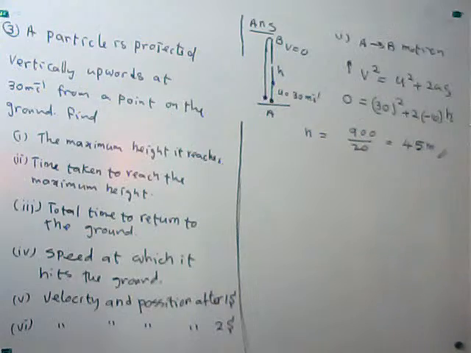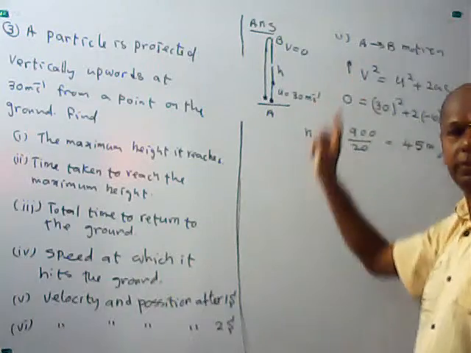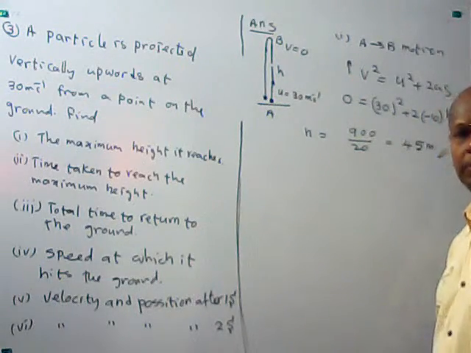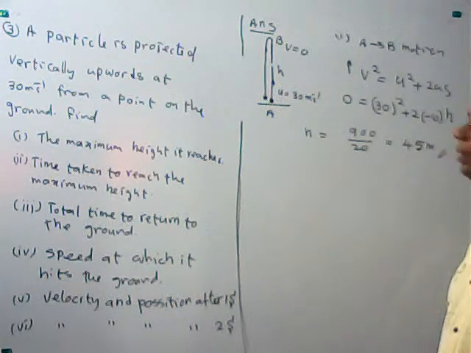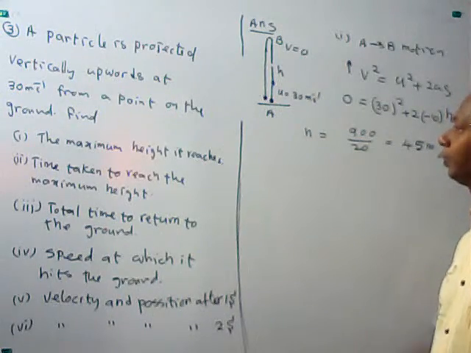The maximum height it reaches is 45 meters. We use the fact that at the maximum height, velocity is 0, right? That's something we apply very regularly in these problems.